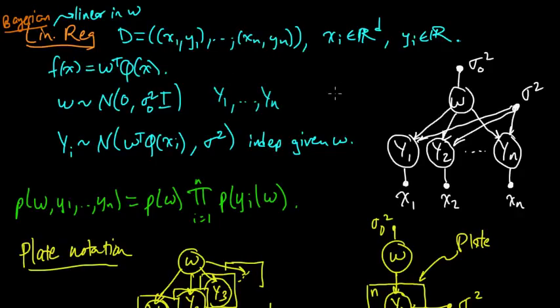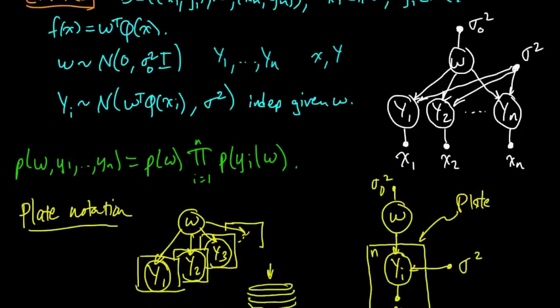But then when we go to make a prediction, we have a new x and a corresponding y. We use a new random variable y, which would be distributed normally, just like this, but with x instead of xi here, and conditionally independent of the others.